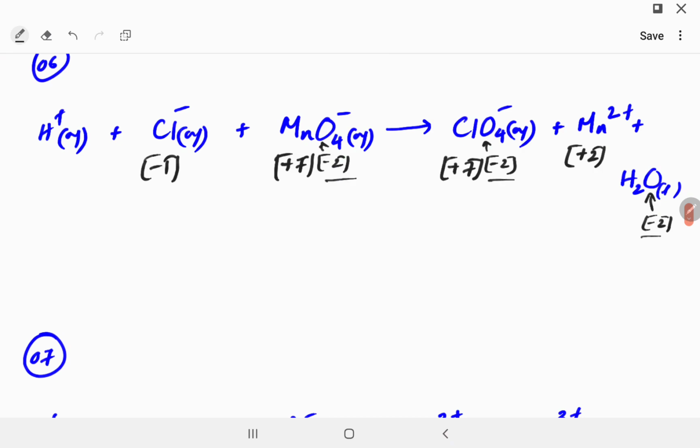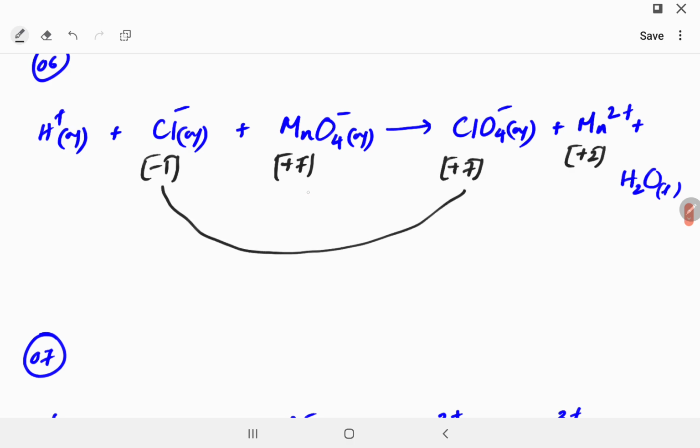So oxygen is not changing its oxidation number, and we don't need to worry about oxygen. But chlorine and manganese are changing their oxidation number during this reaction. So these two elements are important, chlorine and manganese. So let's combine them.